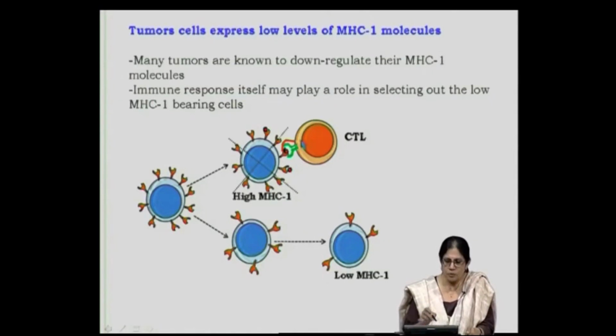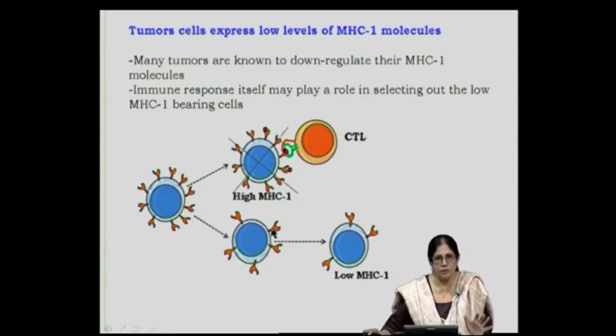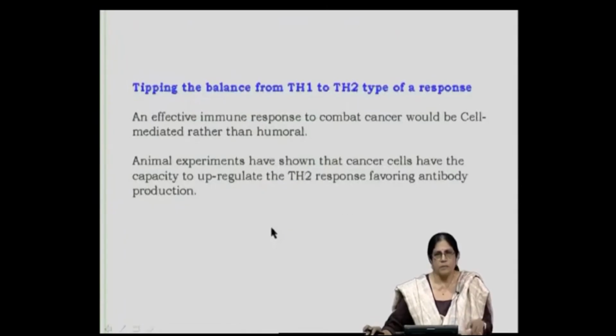All the tumor cells with high MHC expression would of course automatically get deleted. So, thereby the immune response actually is selecting those cancer cells which have low MHC molecules. This has been shown in a number of cases.